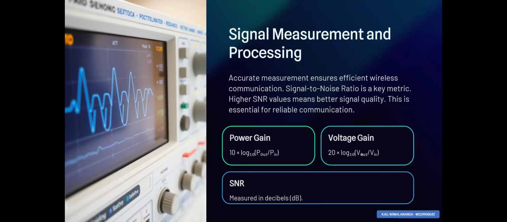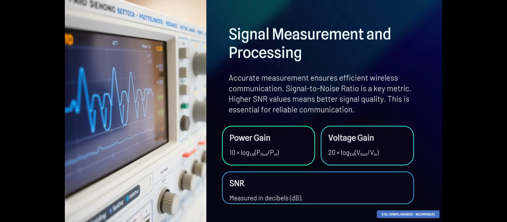Another crucial measurement is the signal to noise ratio, or SNR. This ratio compares the level of the desired signal to the level of background noise. A higher SNR means better signal quality and fewer errors in data transmission.